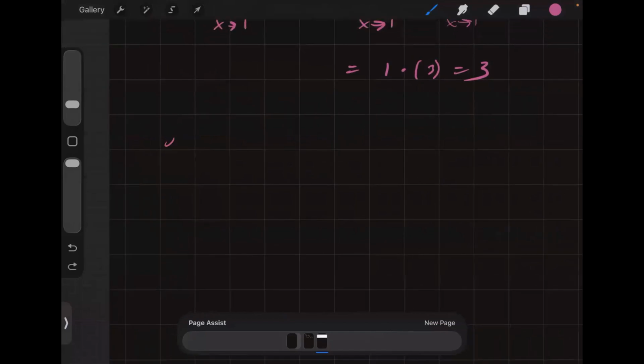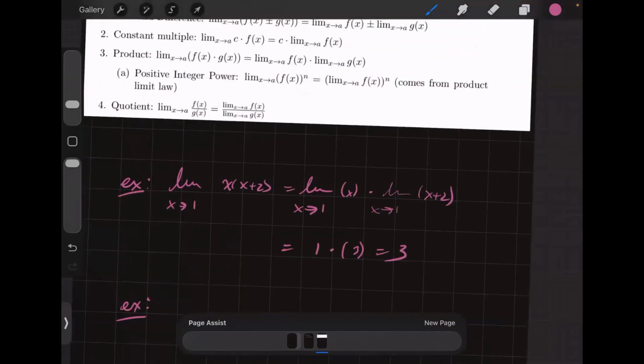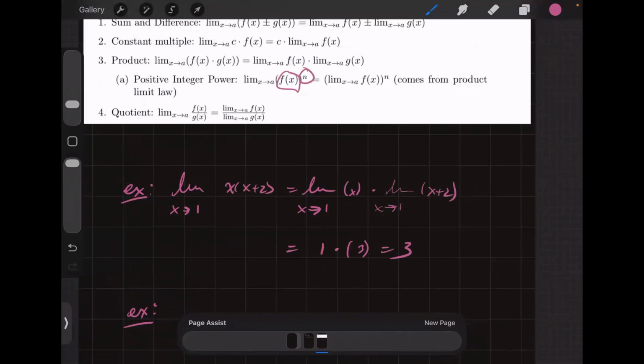Positive integer power. Let's start with what it means. It means you can take some function, raise it to the n, and then take the limit, or you can take the limit of the function and then raise that limit to the n.